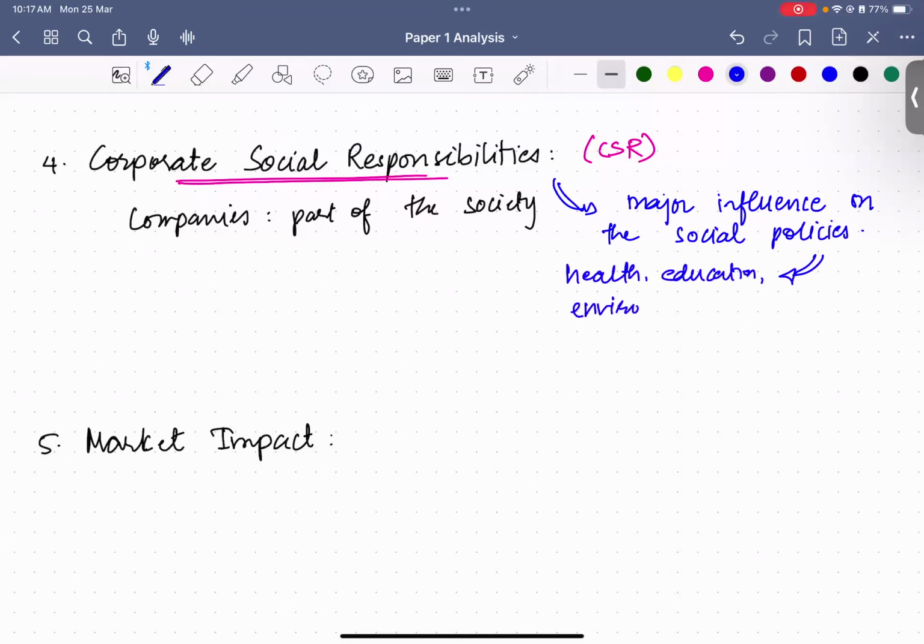Gone are the days when people used to wait in lines, wait in queues. They used to not demand anything. Earlier they used to only be receivers, but now they are demanding as well. So governance on demand, or service on demand.